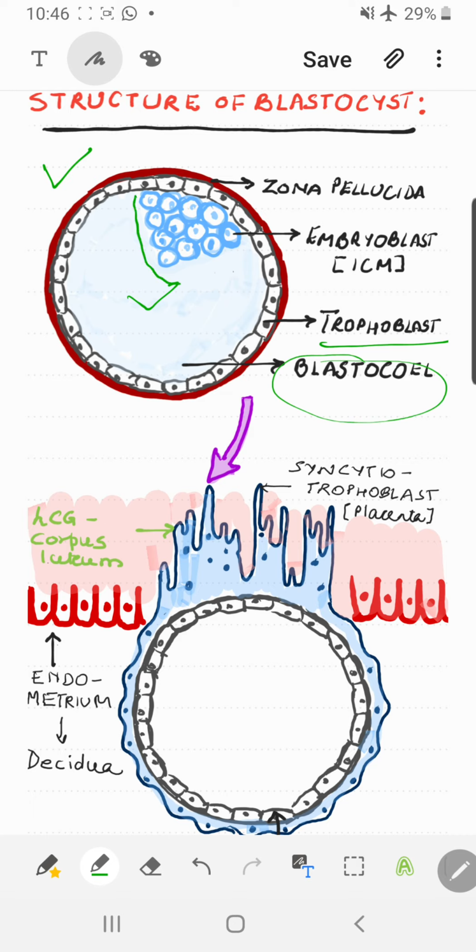Now this inner cell mass, in my last video I used the word embryonic knob, or you can also call it embryoblast, when you have to divide all the cells of morula into two categories. The outer one acting as a covering is trophoblast, and the inner one making a knob is embryoblast, right children? And the cavity is blastocoele.